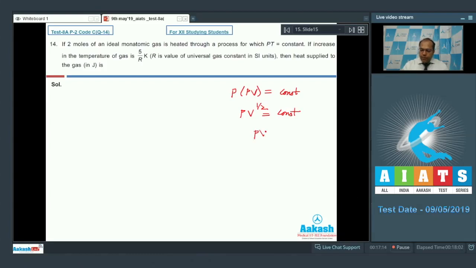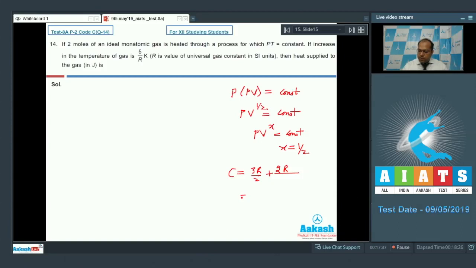If I compare with the polytropic process, PV raised to the power x equal to constant, then the value of x comes out to be half. In that case, the molar heat capacity is given by Cv plus R divided by 1 minus x. The value of Cv for the monatomic gas is 3R by 2, plus R divided by 1 minus half, that is half, so it comes out to be 2.